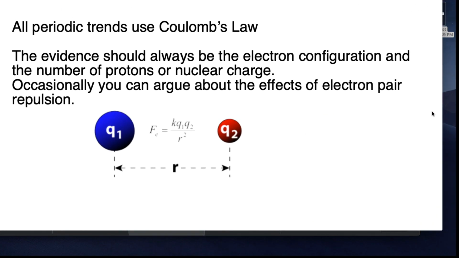Once they have an understanding of Coulomb's Law, remember, this will carry them all through chemistry when we talk about states of matter or when we talk about intermolecular forces. Those are all based on the attraction and repulsion of one atom to another or one molecule to another. So students need to use claim, evidence, reasoning as a tool to argue and logic out why something is the way it is.